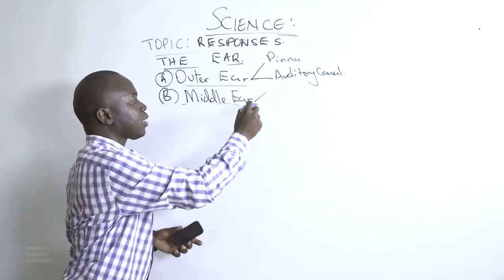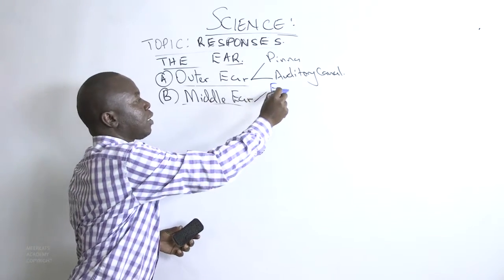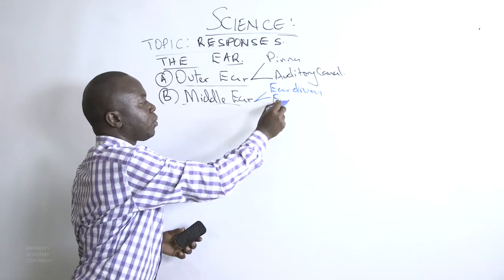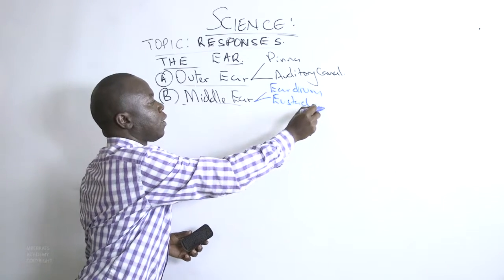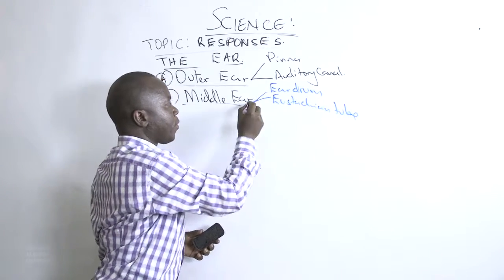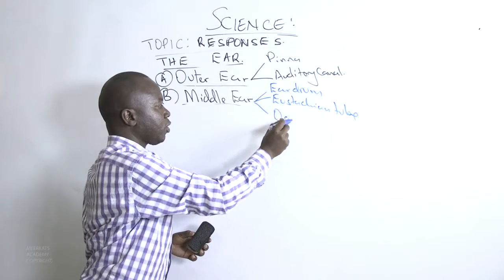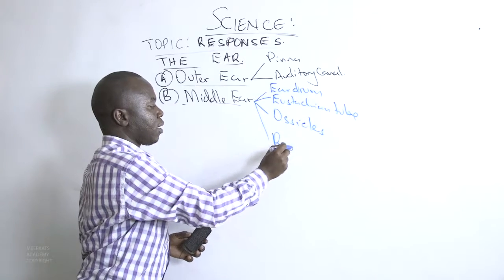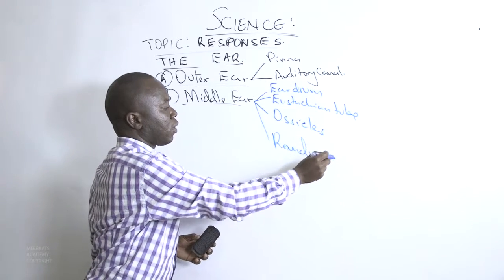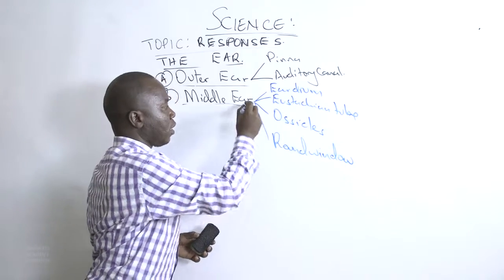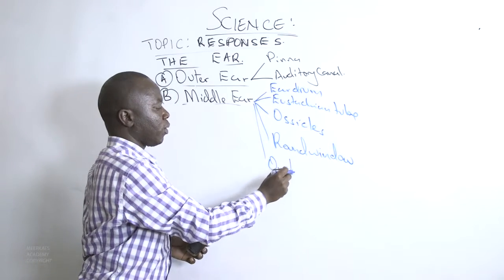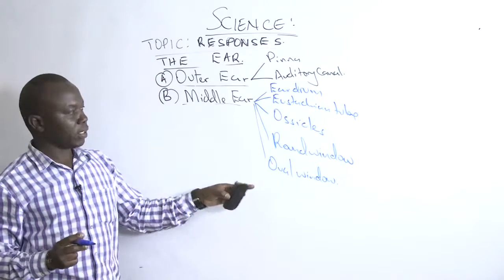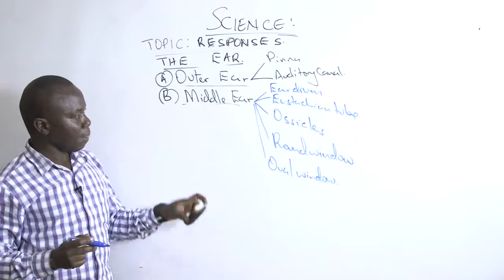We can remind ourselves again, we have the eardrum, the Eustachian tube, the ossicles, the ear ossicles, the round window and the oval window. So those 5 structures make the mid-ear.